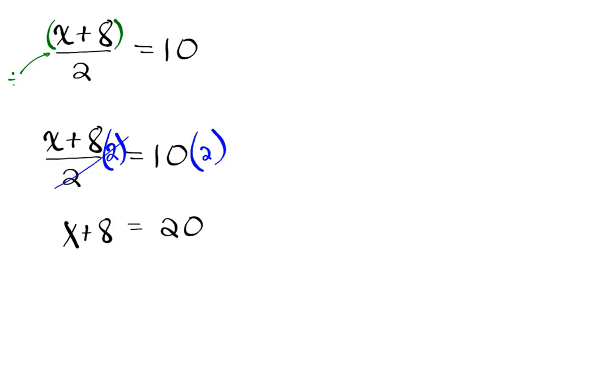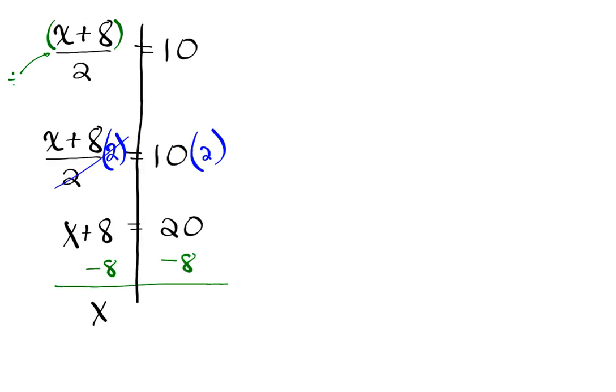So now I will subtract 8, subtract 8. I want y'all to notice, my equal signs are lining up. They don't disappear. Equal signs do not disappear. If in your equation an equal sign disappears, I'm going to mark you wrong because they don't disappear. I get x is equal to 12. And there's my solution.